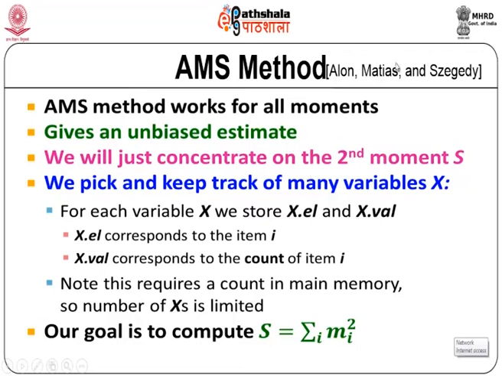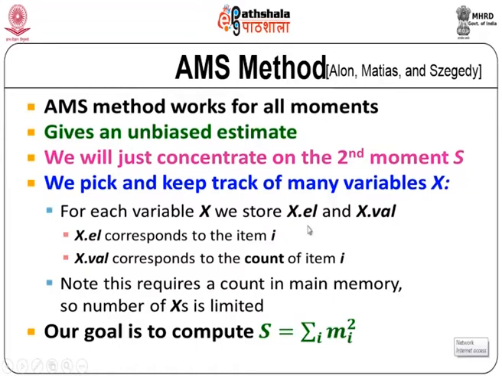Now, how may the second moment be calculated? For every element that you are encountering, you will have to retain two pieces of information about it. One is the element itself and the second one is the value. So, you need to keep track of many variables X. For each variable X, we will have to store the element, X.el, and the value, that is, the number of times it has occurred, X.val.